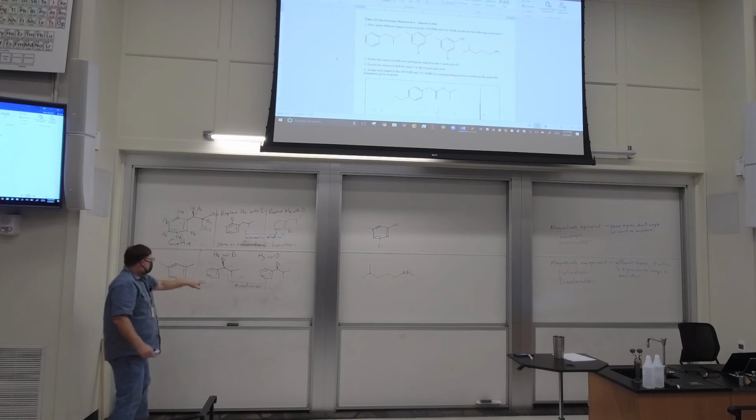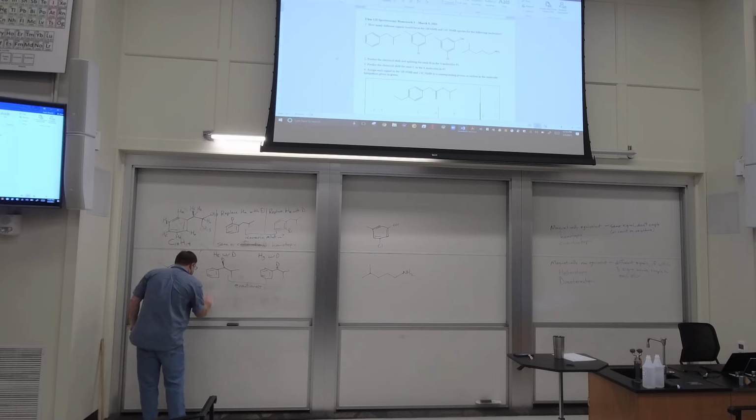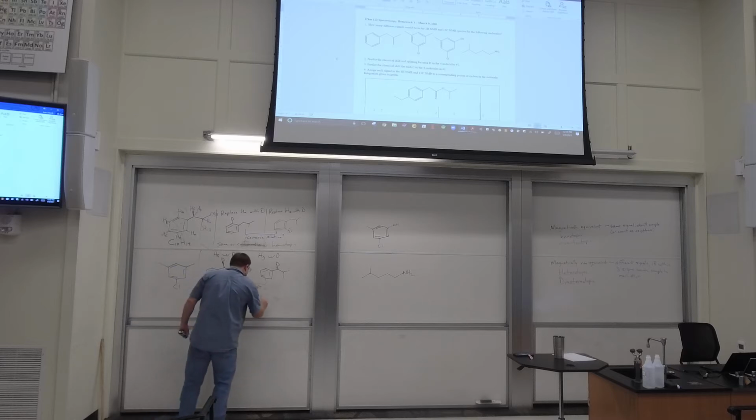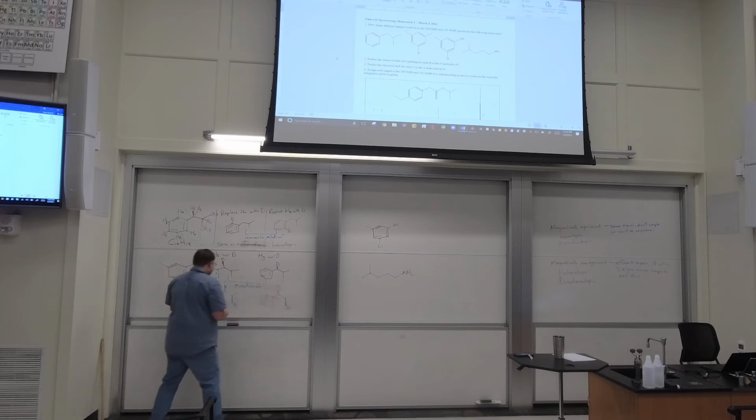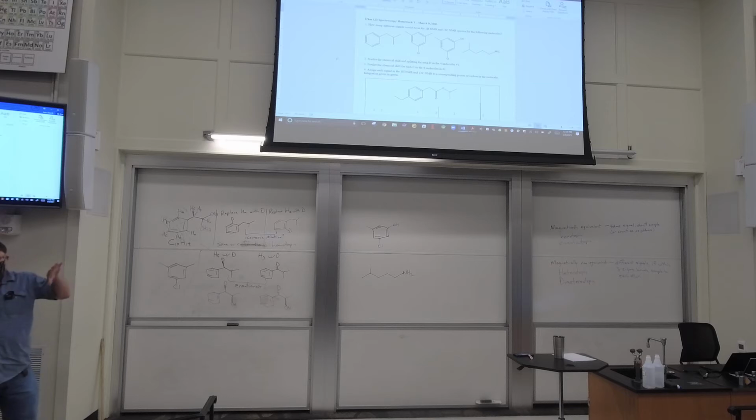So, had this been a chiral center here, let's just do a thought experiment. There's not a molecule on the board that looks like this, but if we had a chiral alcohol that kind of looked the same.